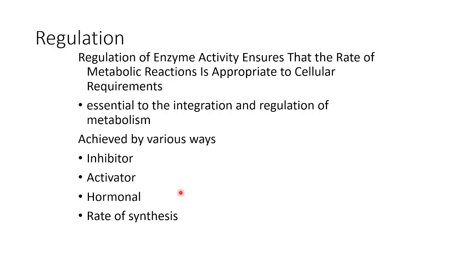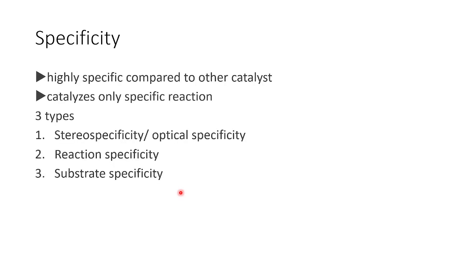It's essential for the integration and regulation of metabolism, and it's achieved in various ways: the inhibitor, activator, hormonal, and rate of synthesis. So in terms of specificity, the enzyme should be highly specific compared to other available catalysts. It should catalyze only specific reactions.